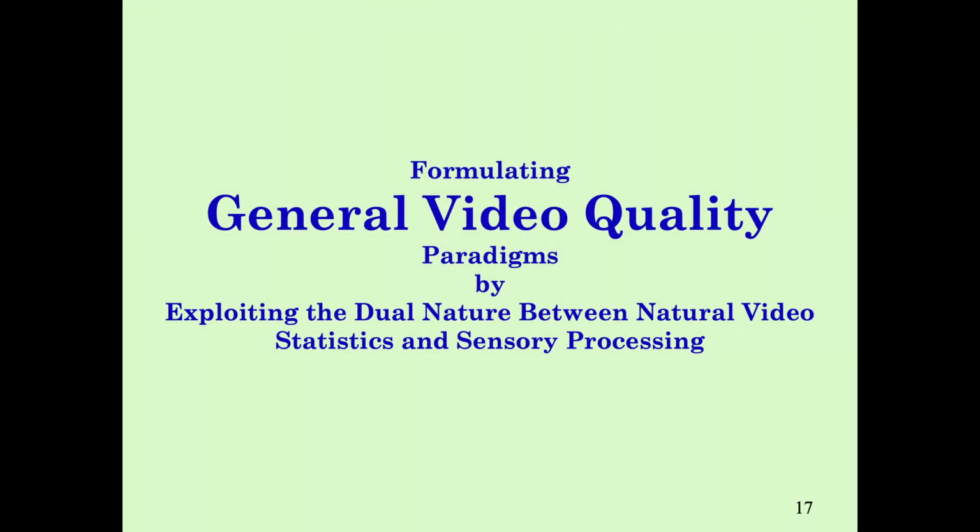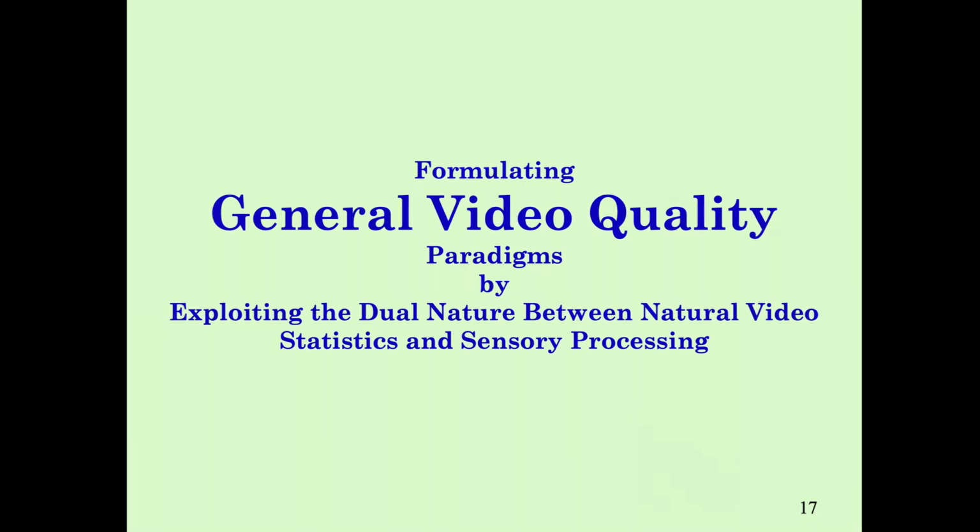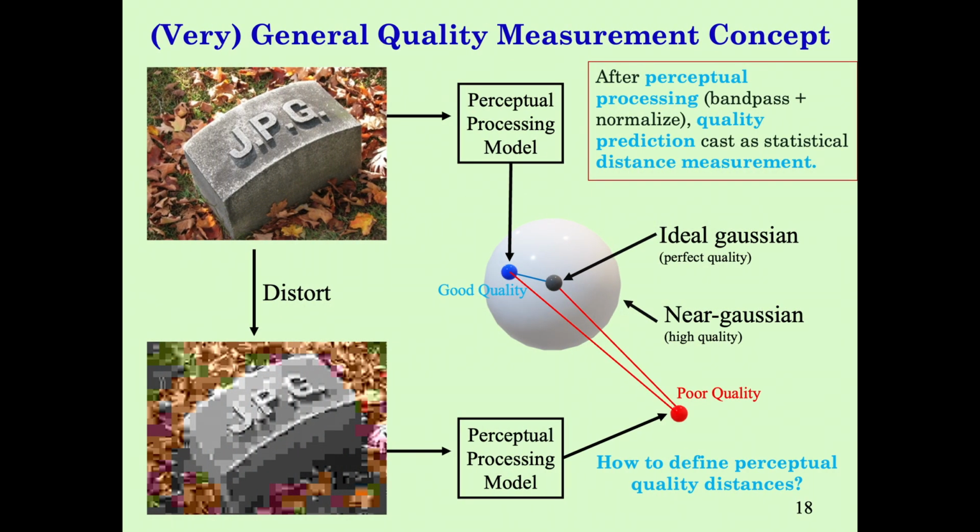Okay. So how to use this kind of statistical model, universal model of pictures and videos at the neural level to predict quality? Well, the basic idea is, suppose I have a picture and maybe a distorted version of it, process them both using this simple perceptual model, bandpass processing, maybe a whole band of bandpass filters, divisively normalize them, okay?